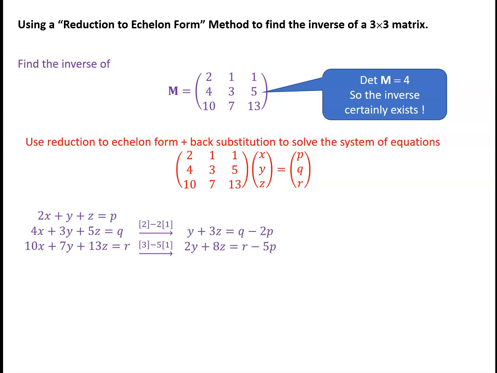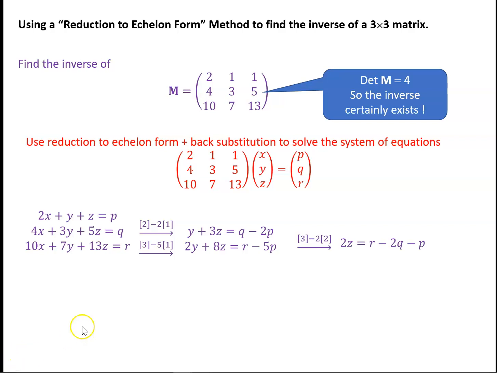Okay, so they're the equations in matrix format, and we've done the first stage of the reduction to echelon form by eliminating x from equations 2 and 3 and keeping equation 1 as our working equation. And then again we'll eliminate y from equation 3. So we've now got our echelon form.